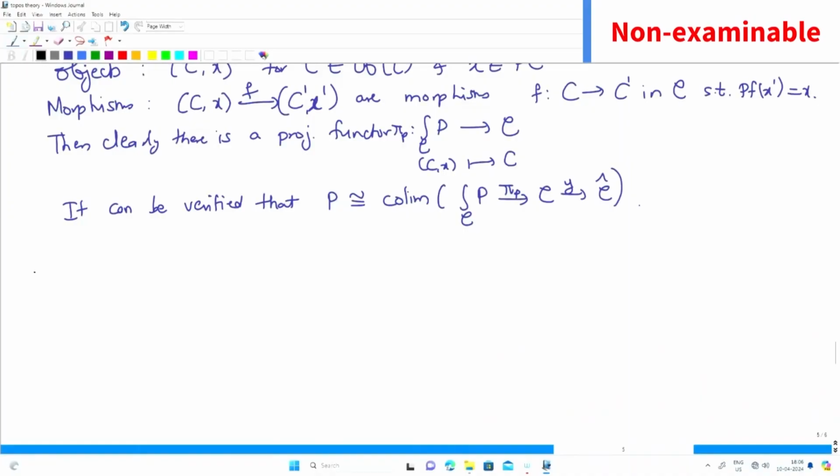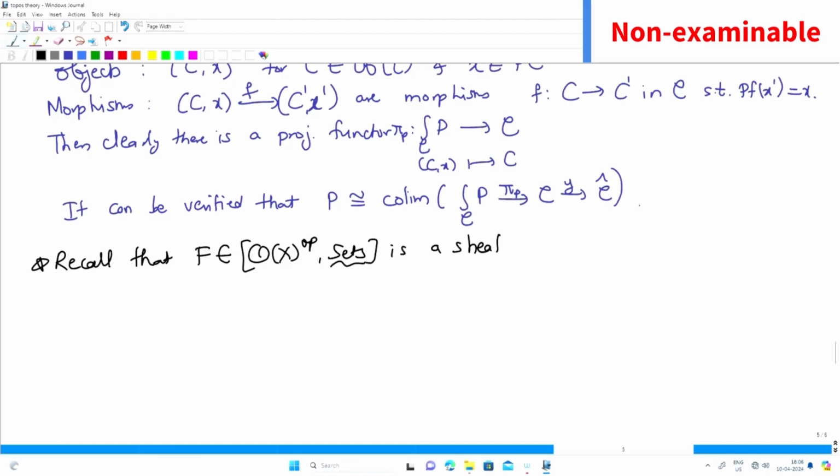There we had an open covering. If you remember what we said, you take an open set U, and whenever you have an open cover, then with respect to that open cover, maybe I should write it down. So recall that F in Sets^(OX op) is a sheaf if the sheaf condition holds. What is the sheaf condition?